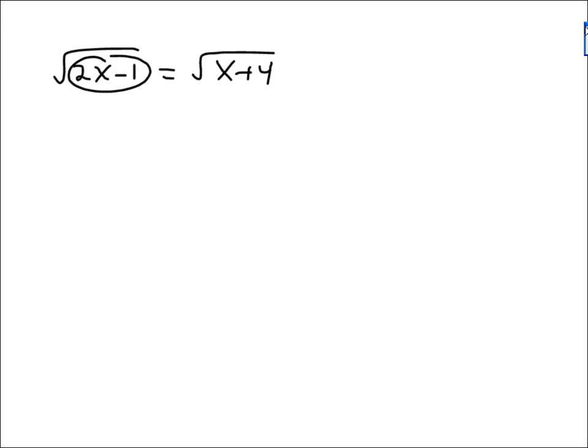But in this case, you really must check. If I tell you the square root of 2x minus 1 is equal to the square root of x plus 4, well then, the square root of a equals the square root of b. That means a equals b.